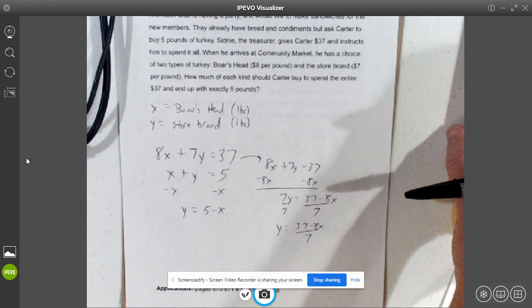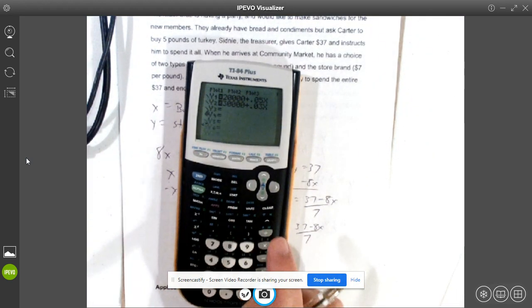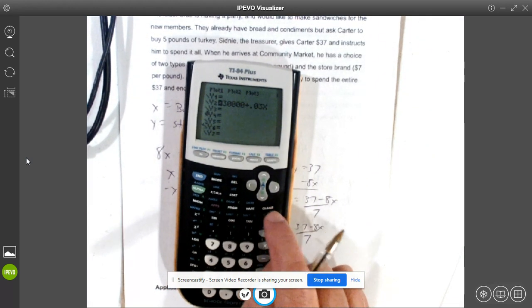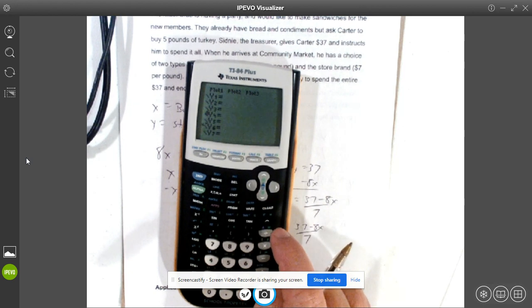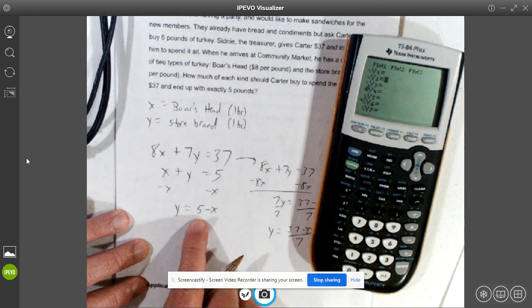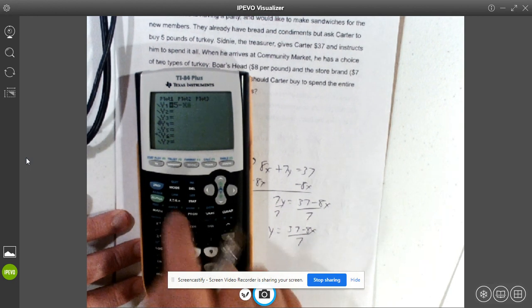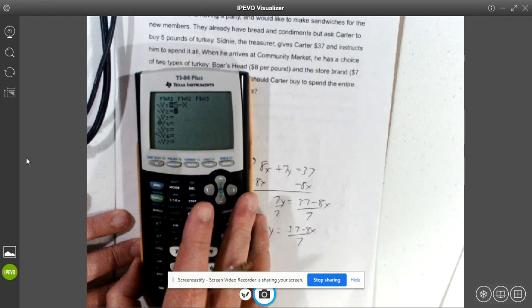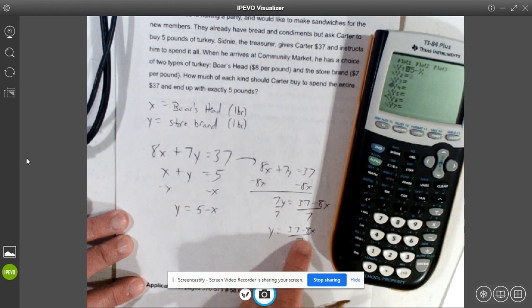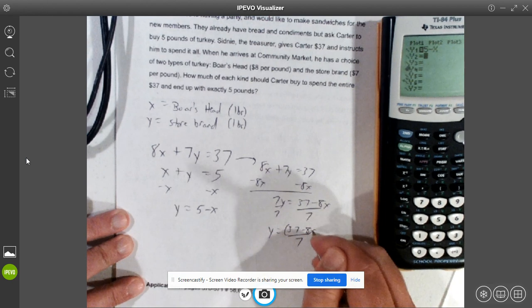So now I go to my Y equals. I clear both of those other ones off, and I'm going to type both these in. Y equals 5 minus X. It doesn't matter which one you do first. I'm just going to do that one first. And on this one, I want to subtract first and then divide, so I want to make sure that I put that in parentheses.